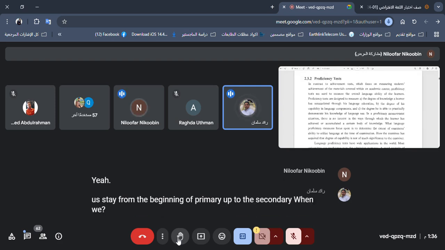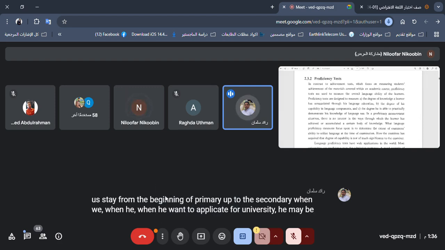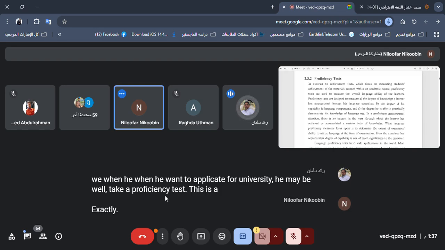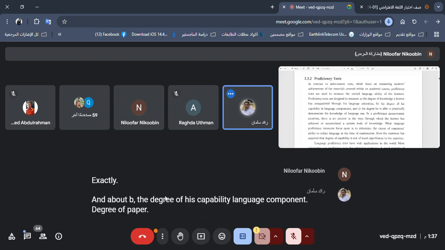When he wants to apply for university, he may take a proficiency test. This is A. And about B, the degree of his capability in the language components.